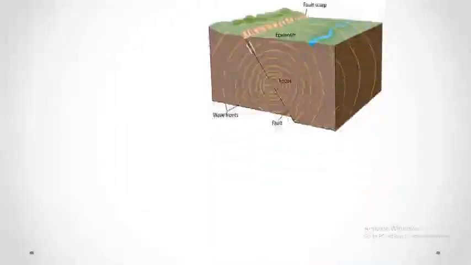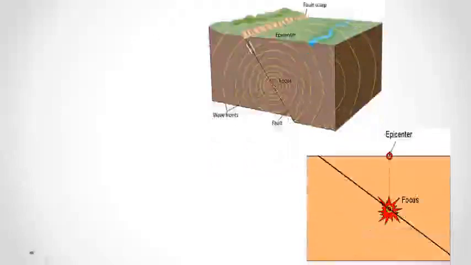And now what about the focus and the epicenter? These 2 points, let's start with the focus, which is present along the fault plane, and then we will talk about the epicenter.